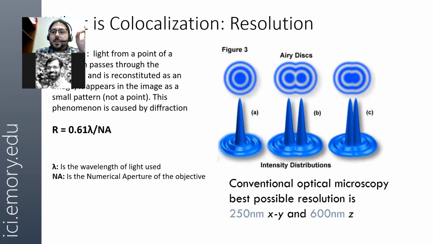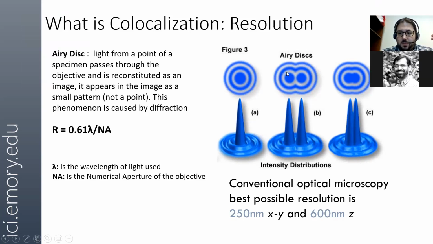In instances where two objects which undergo this kind of blurring as a result of just the physical parameters of the system are very close to each other, like in C, we have trouble resolving that. But it's also one of the interactions that colocalization benefits from.